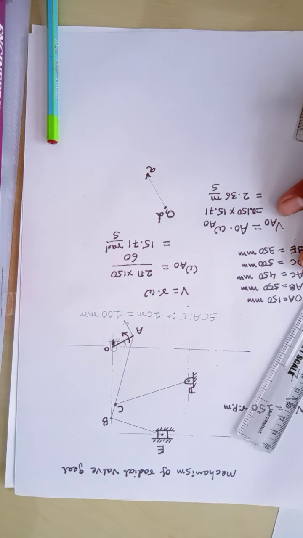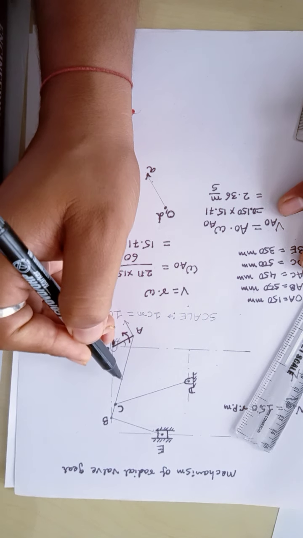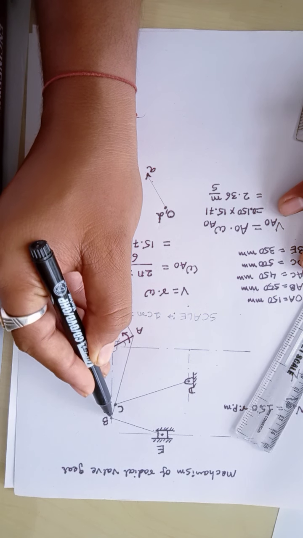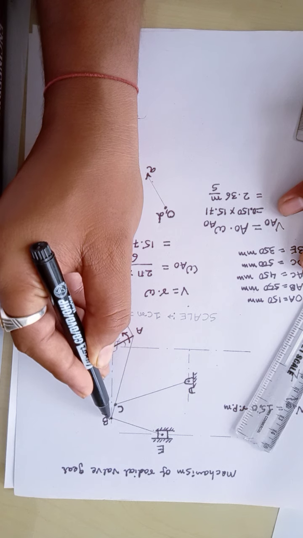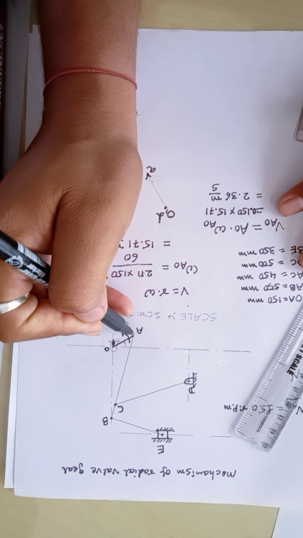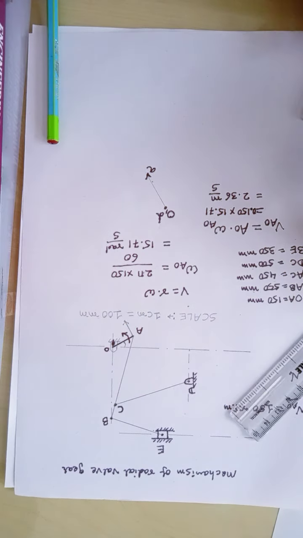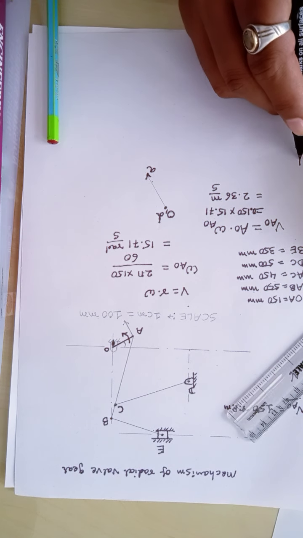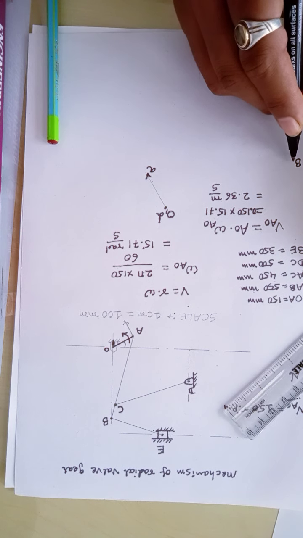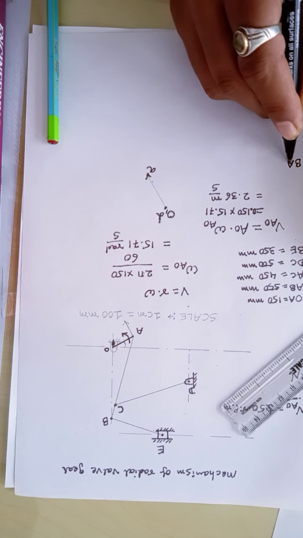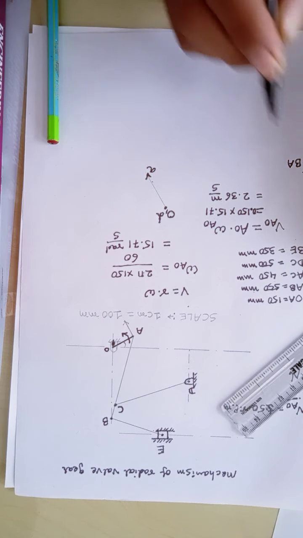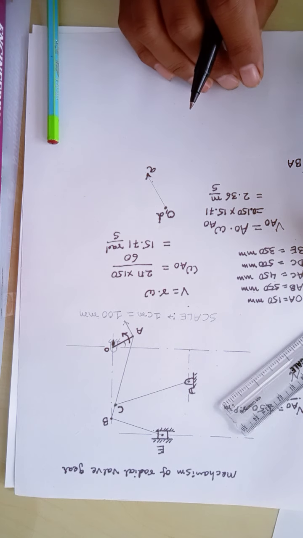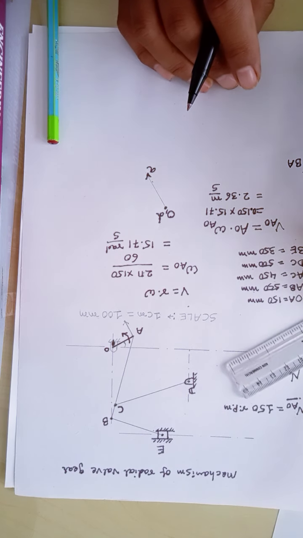Now velocity of B as well as C both can be easily found out. So let me find out velocity of B with respect to A. As I already told you, that direction will be perpendicular to that link.